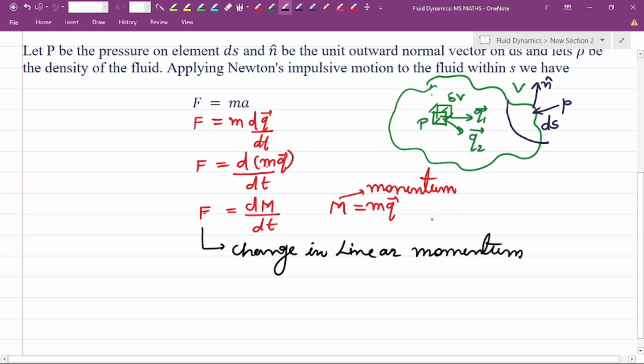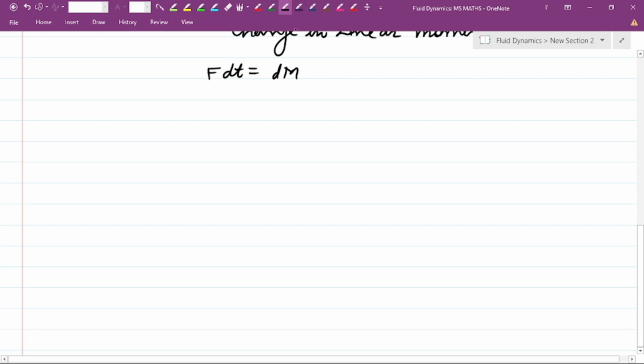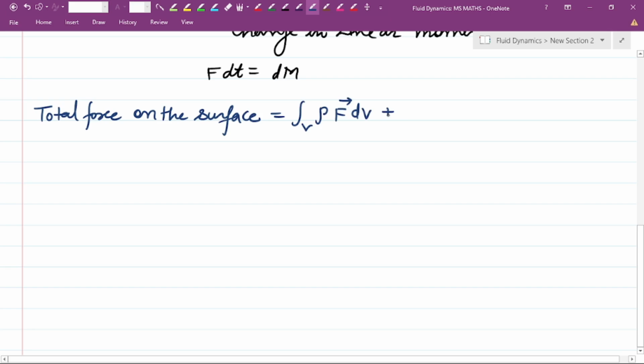Okay, now we have F dt is equal to dM. The total force on the surface is due to the closed volume V, the integral of rho F vector dV, plus the negative direction, minus the integral over the surface S of p n cap dS.